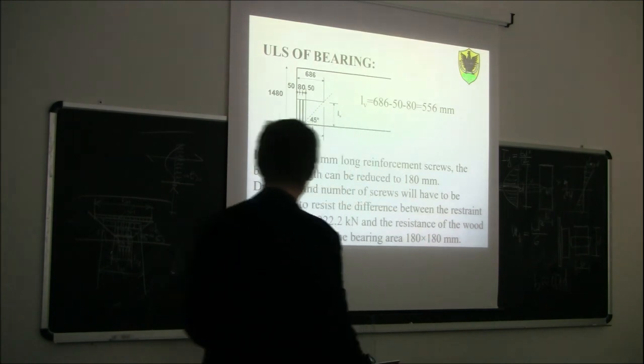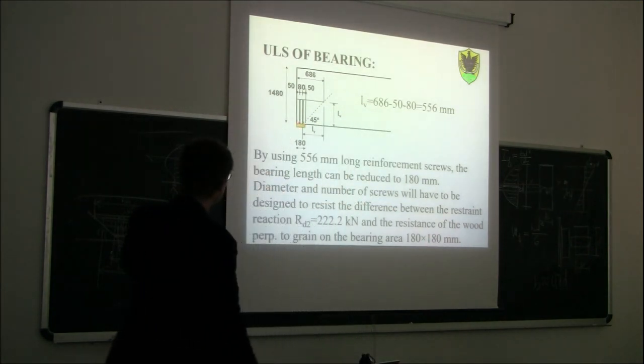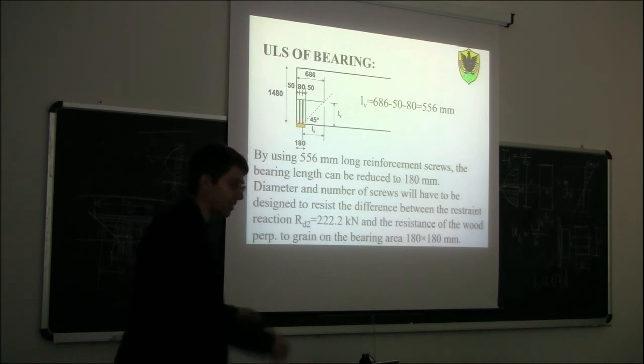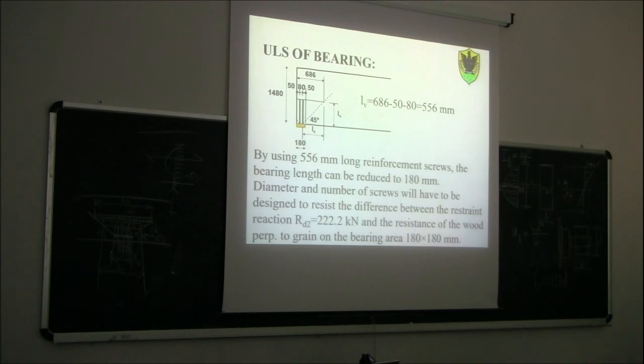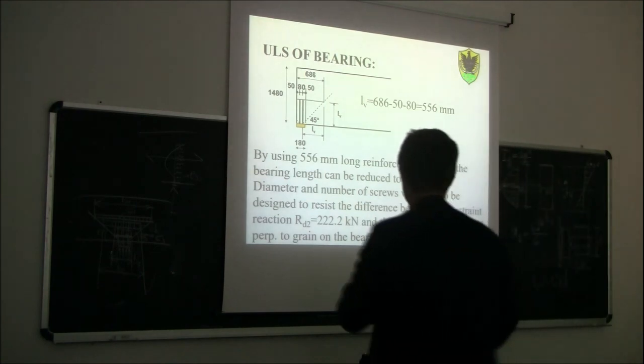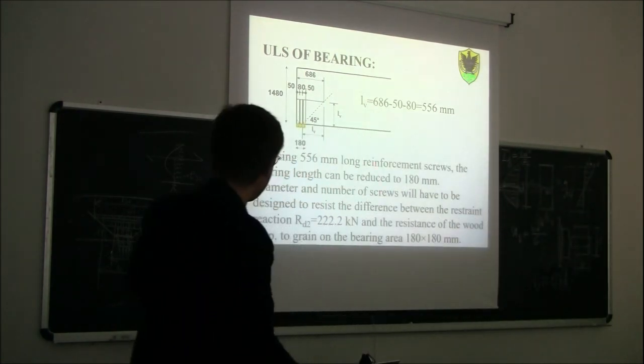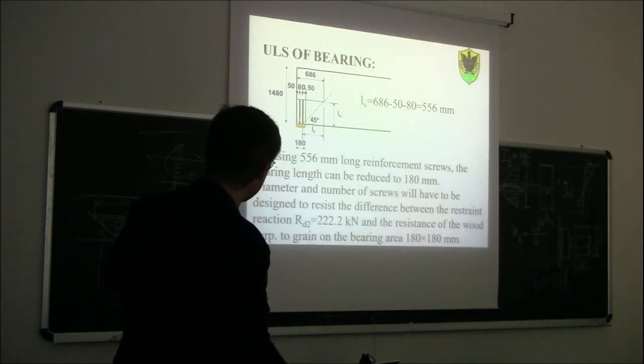In some way, you can assume that the wood over this 180 mm is going to resist some compression perpendicular to the grain, but this will be only a small part of the 222.2 kN, because we have only a maximum strength perpendicular to the grain of a certain value.